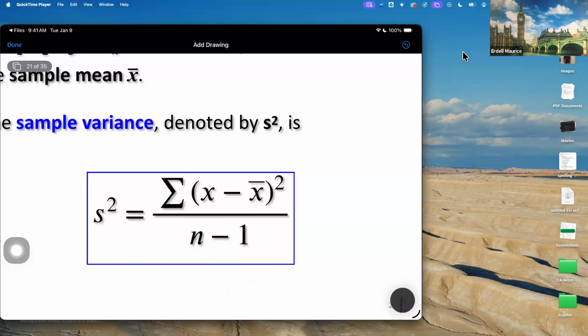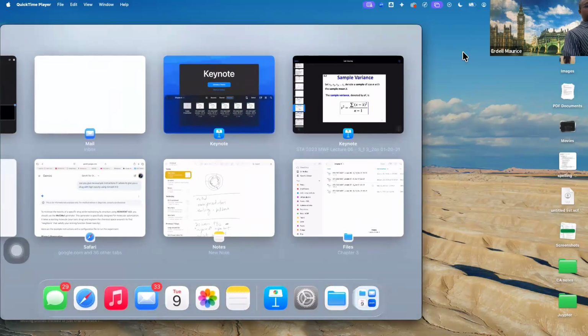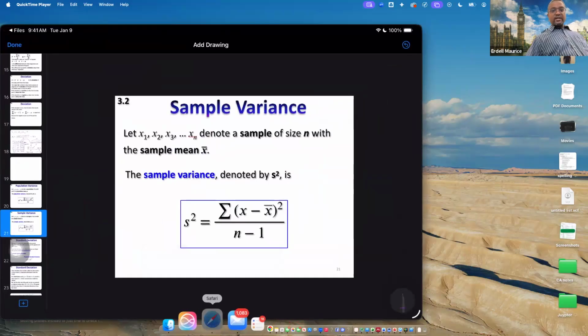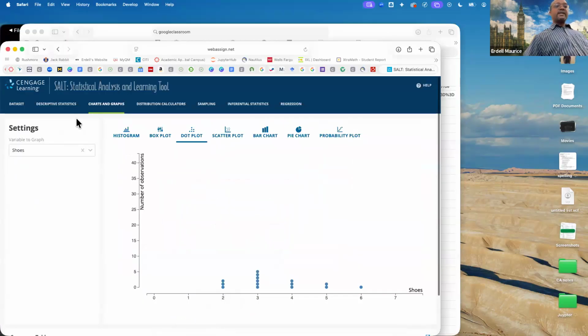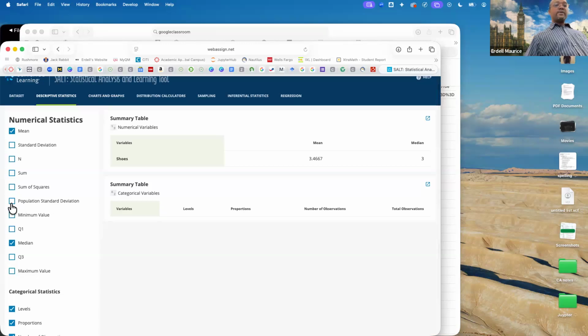That's why, for example, if I go back to salt right here and I go back into the descriptive statistics, you'll see that in salt there are two calculations. There's your population standard deviation, and then there is your regular standard deviation.